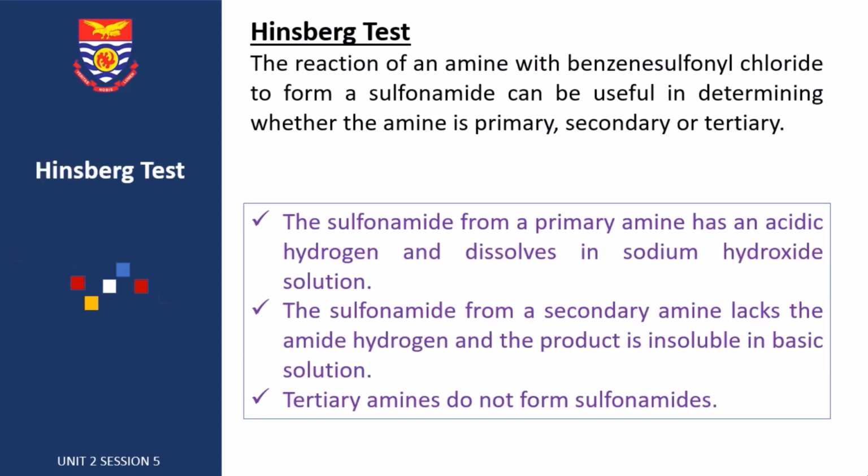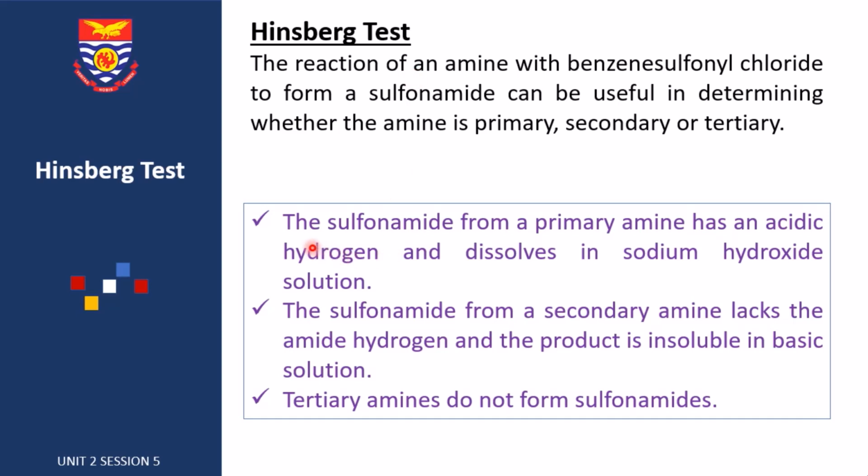Okay, next we can look at the Hinsberg test. Here it's basically a reaction of our amine with benzene sulfonyl chloride to form sulfonyl amides, also known as sulfonamides. This can be used to tell if our amine is a primary amine, a secondary amine, or a tertiary amine.